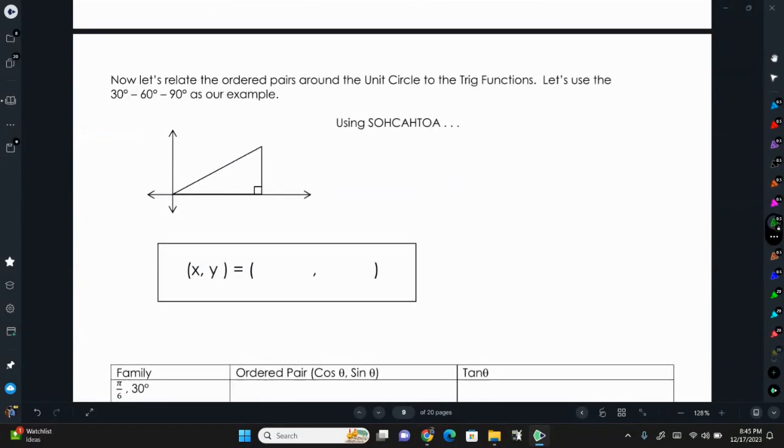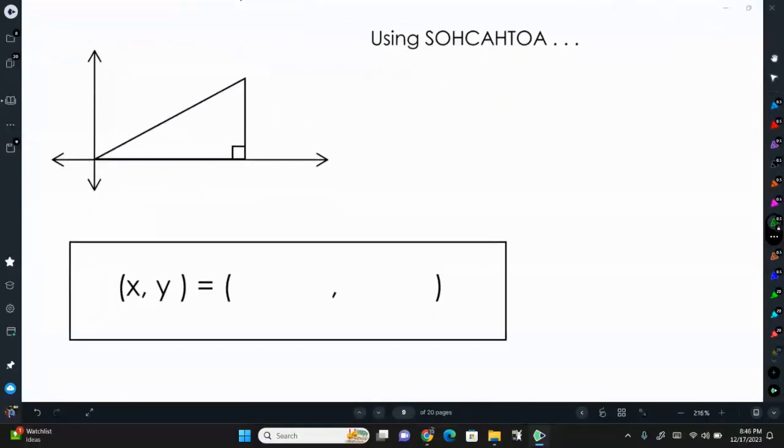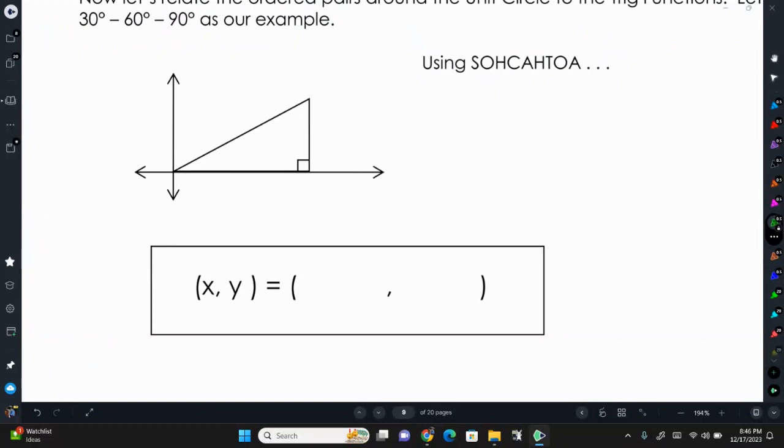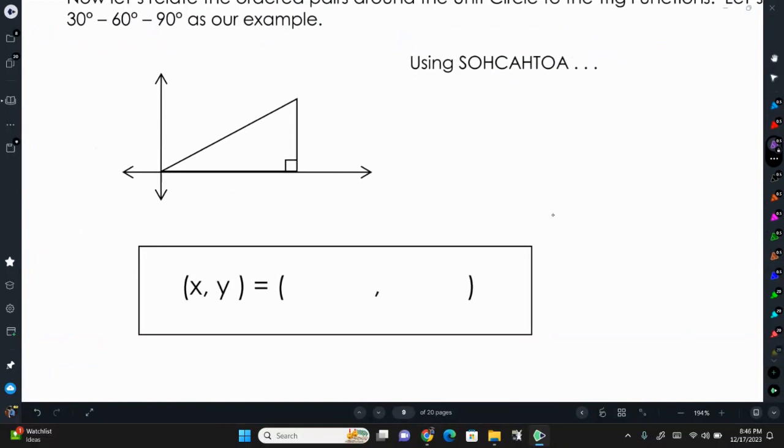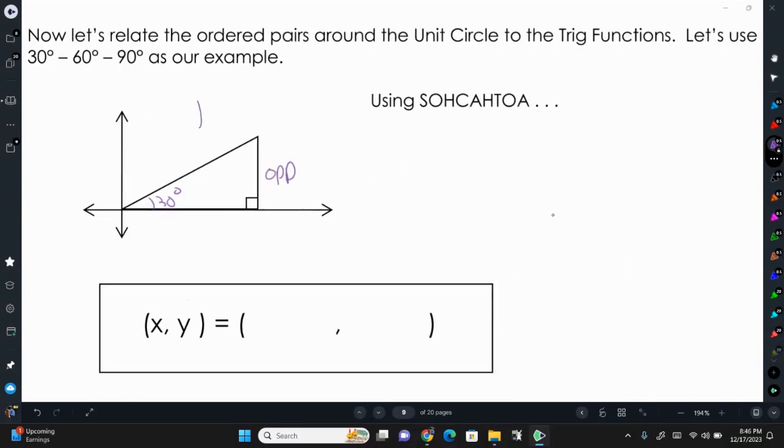All right, now on this page, we're just going to re-emphasize that if we refer back to SOHCAHTOA, where, if this is our 30-degree angle right here, this is the opposite side, this is the hypotenuse, and this is the adjacent side, and combining that with what we did with the unit circle, this is 1/2, this is 1, and this is square root of 3 over 2.